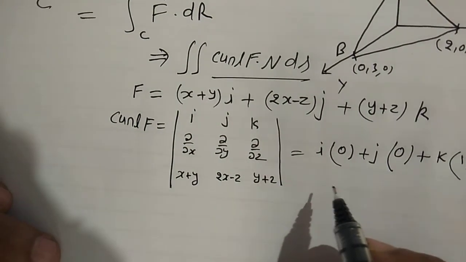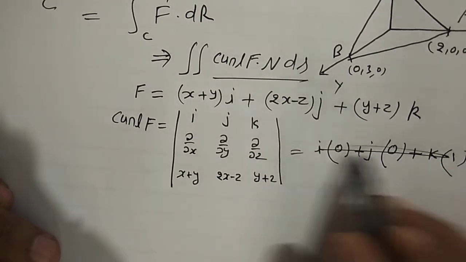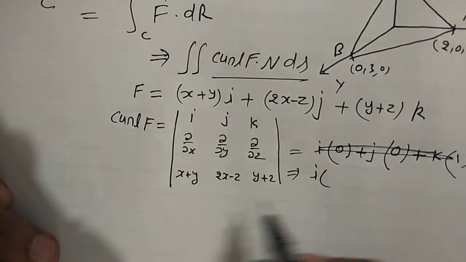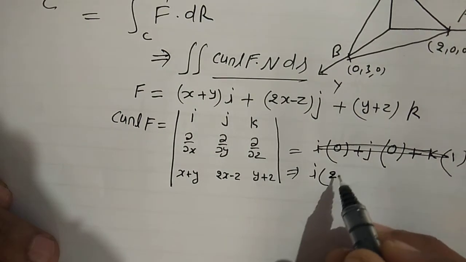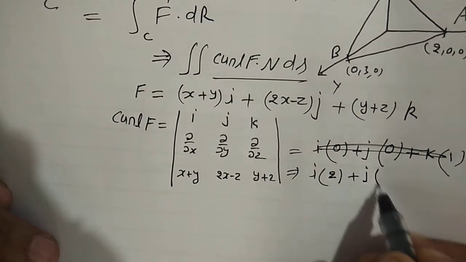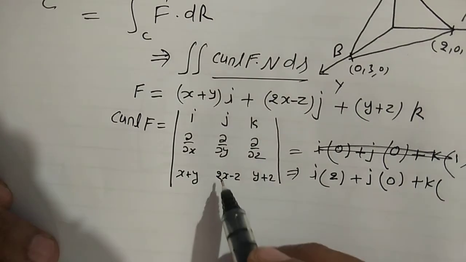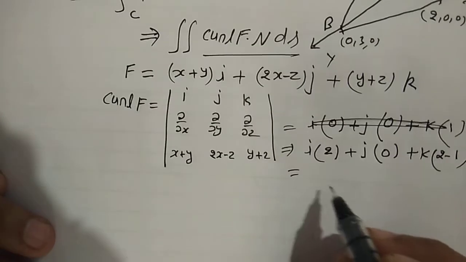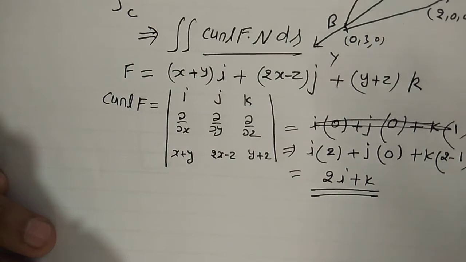Sorry, let me find out the curl once again. We get 2 i, and j into 0, plus k into 2 minus 1. So we get 2i plus k. So this is the curl of F, 2i plus k.